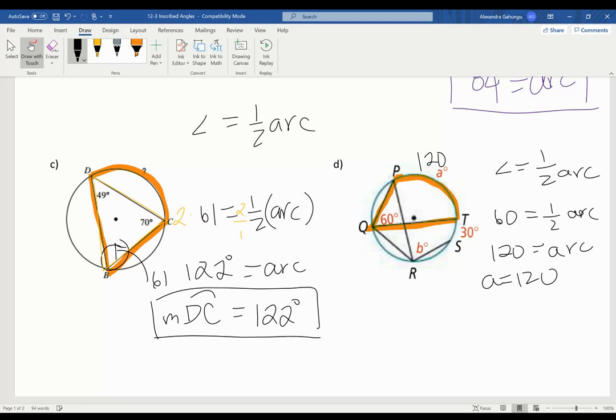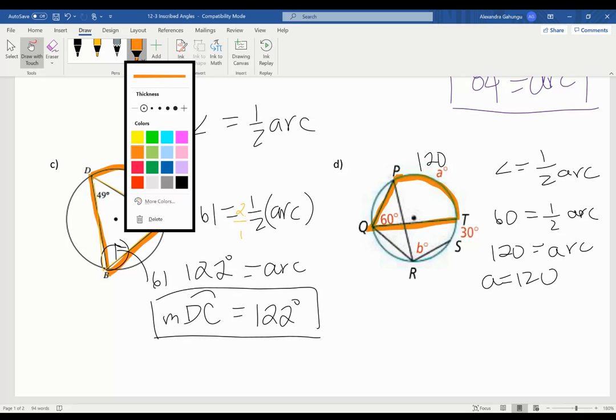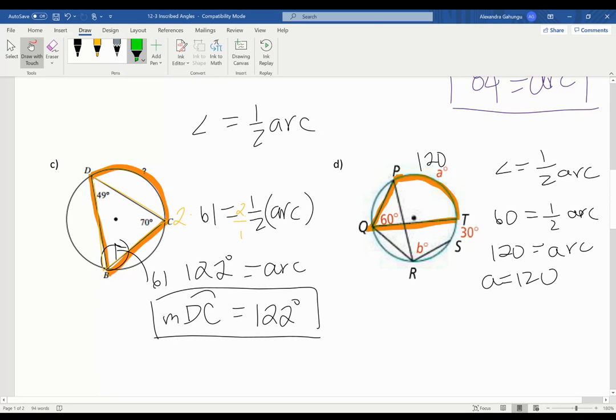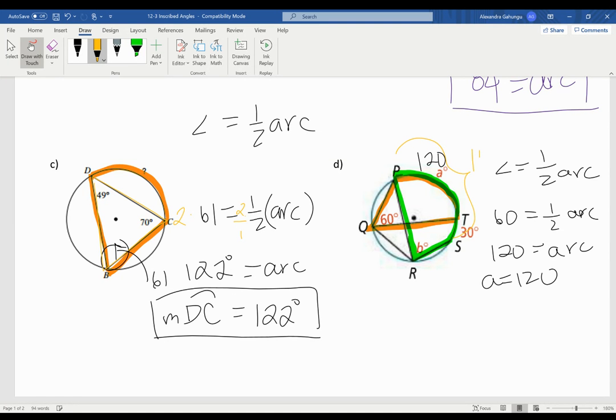So then for B, I'm looking for the intercepted arc versus inscribed angle. So B is the angle made up of chord RS and RP. And if I look, the intercepted arc includes PT and then also S. So this whole arc is going to be 150.